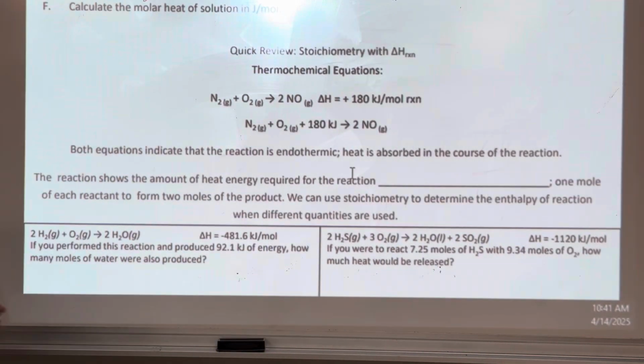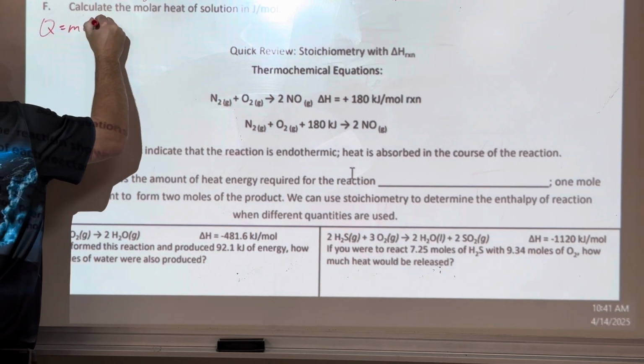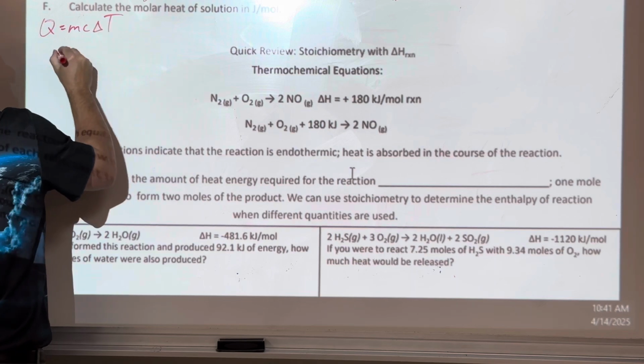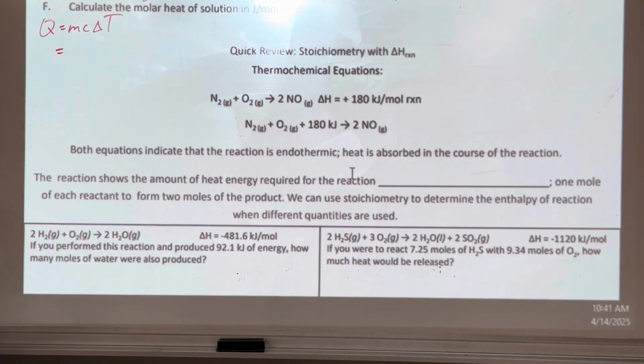CaCl2. Now to get the molar heat of the solution, we're going to need those moles, and we're going to need the Q for the reaction. So to get Q, MC delta T. The mass, it says, was 4.97, right? Is that what we got?